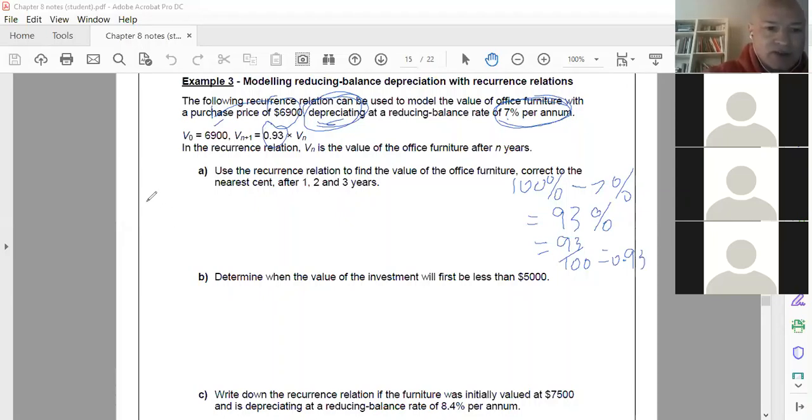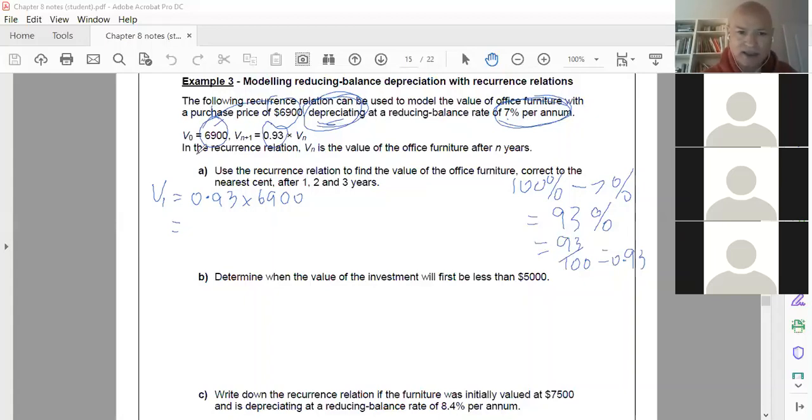Okay, so we know this V of 1 equals 0.93 times $6,900, the original amount. Now we're going to do it differently this time. So everyone get out your calculator. And in your calculator page, put in V of 0, so $6,900, and press enter.